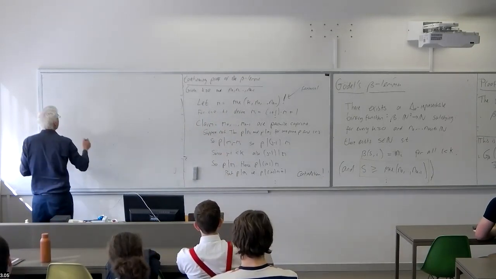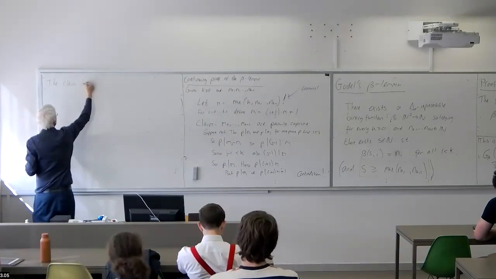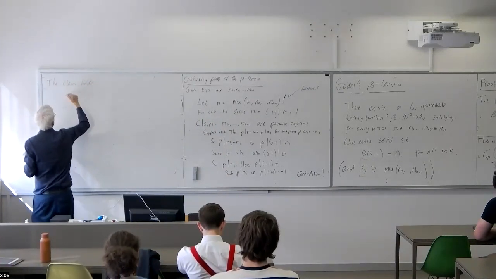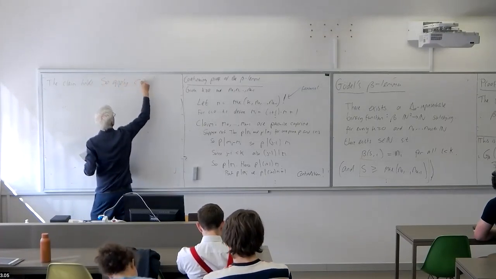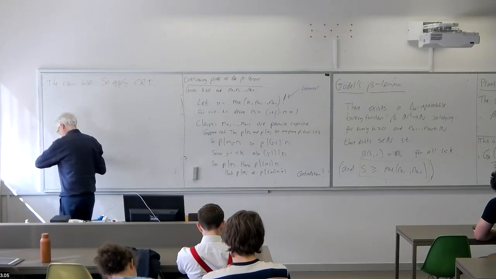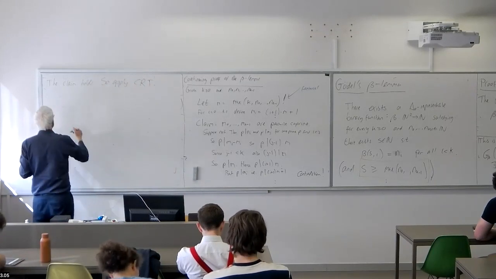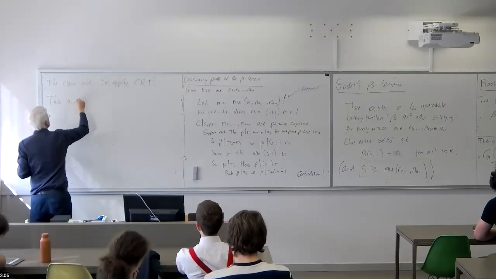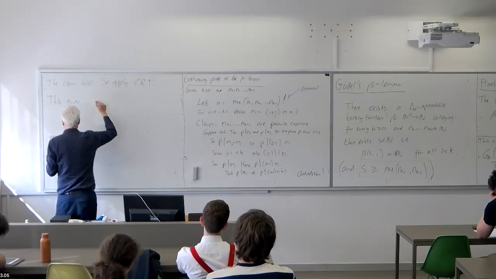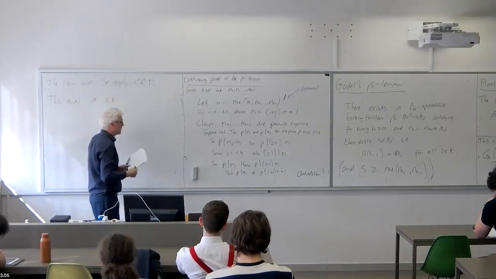So the claim holds. Let's write that down. We made the claim that they're all coprime. So apply the Chinese remainder theorem. So this gives a number coding the sequence.